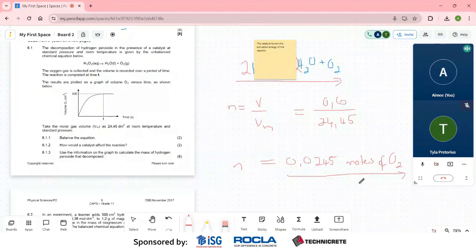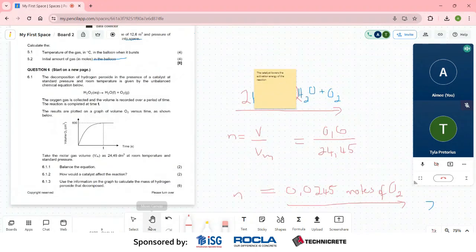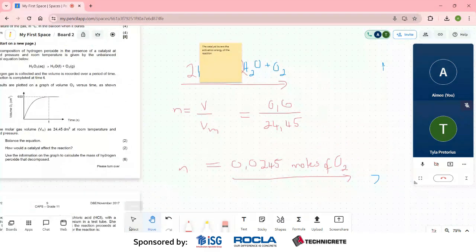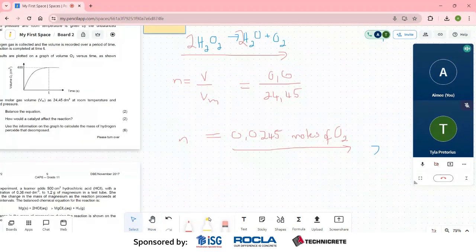So now we do our ratio. We use our balanced equation. Here's your balanced equation. And we say, what is the ratio of H2O2 to oxygen? Our ratio is 2 to 1.